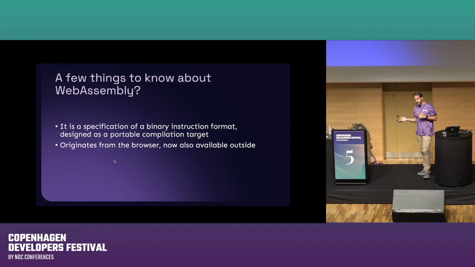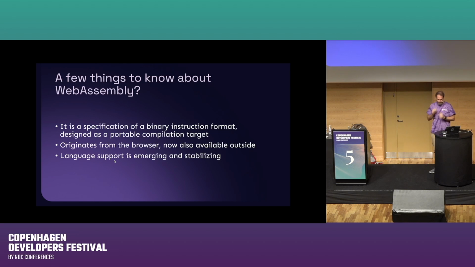It originates from the browser, so WebAssembly was built as a specification to enable you to use other programming languages than JavaScript to interact with the browser APIs. And what's interesting about WebAssembly is that you can also use it outside of the browser now. And we'll get more into that, and I'll show you that with Spin.